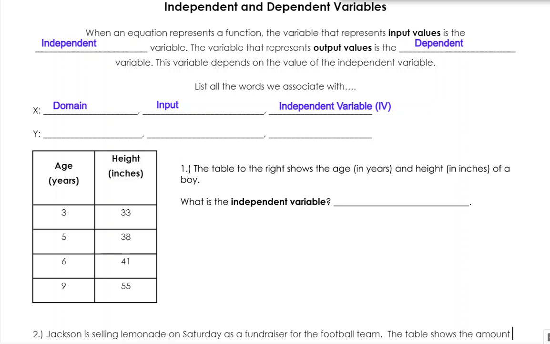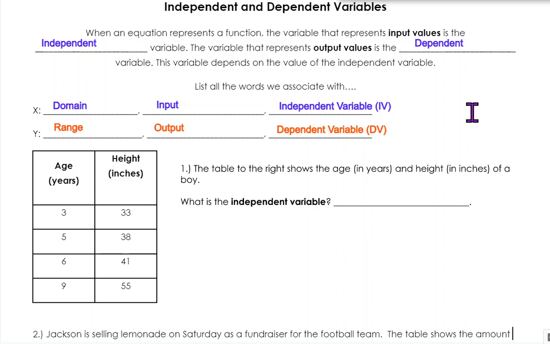Okay, so what are the words that go with Y? Well, Y is our range, or our output, or our dependent variable. And sometimes you'll see IV or DV for independent and dependent variables. So just shorthand so you don't have to write that whole thing out each time. Okay? All right, so domain, input, independent variable is X. Range, output, dependent variable is Y.